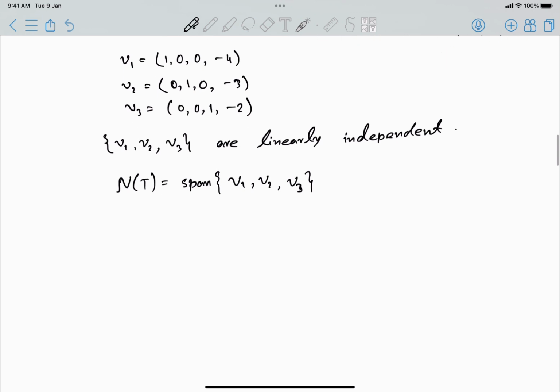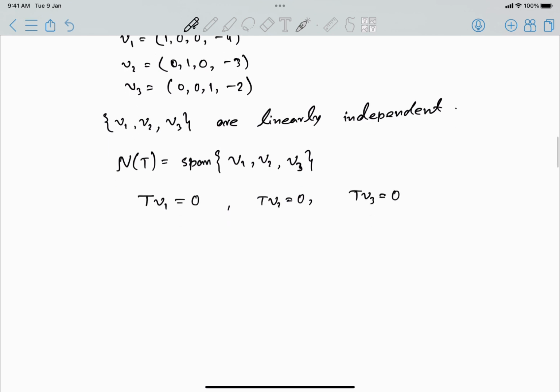What is the meaning of these being in the null space? By definition, it means that Tv1 is 0, Tv2 is also 0, and Tv3 is also 0. So you can write Tv1 as 0 times v1, Tv2 as 0 times v2, and Tv3 as 0 times v3.